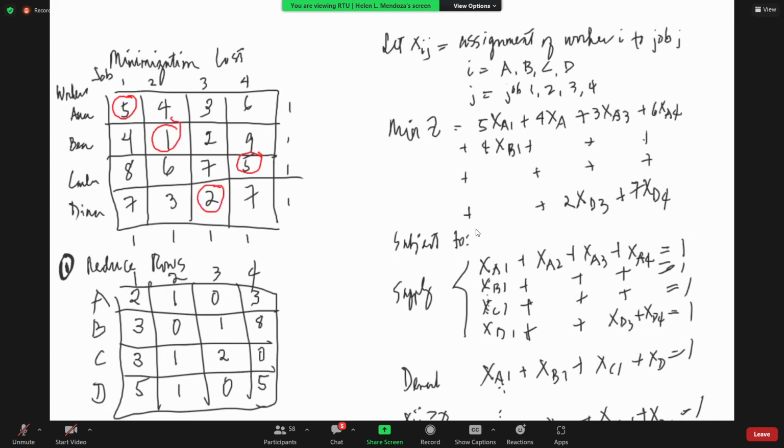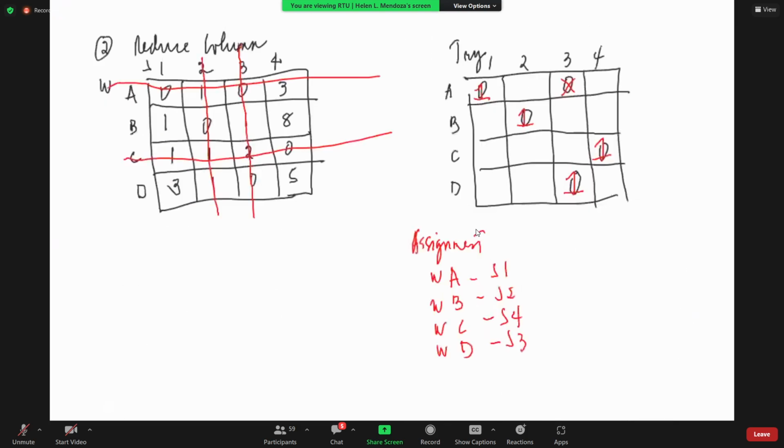So, 5, 1, 5, 2. So, this is, ibahin natin ng color, 5, 1, 5, 2. Ibig sabihin, minimum Z is equivalent to 13. O, kung hundreds yan, o di 1,300. If in hundreds. Pero pwede mo nang hindi idagdag yan. Kunwari lang 13 lang siya. Wala namang problema dyan. Ilagay mo lang 13.